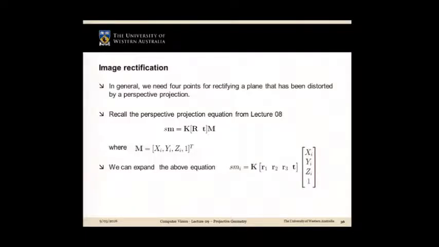Now, how to calculate this image rectification, how to perform all that? In general, we need 4 points for rectifying a plane that has been distorted by a perspective projection. Now, if you remember from your camera calibration lecture, do you remember this matrix? Point M is a point in your 3D space, your real world point X, Y, and Z. sm is the projection of that point in the image plane.